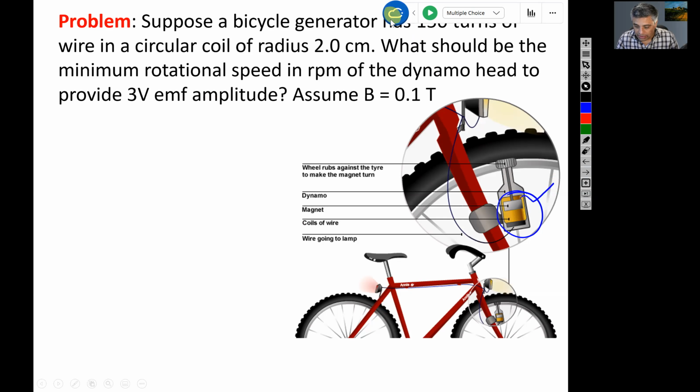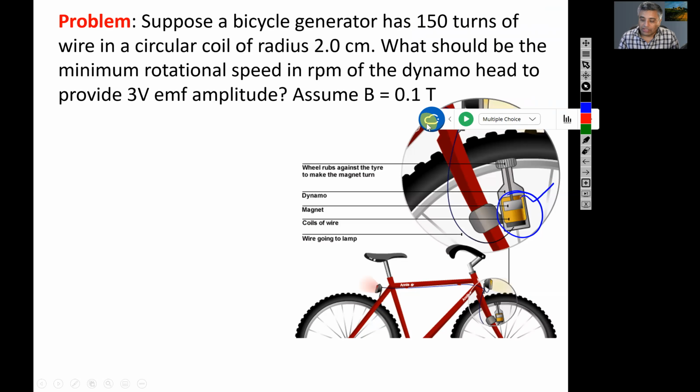So now it says, oh, I cannot read that. So the number of turns is N, 150, and the radius is 2 centimeter. So what do we get from the radius here? Radius of the coil.